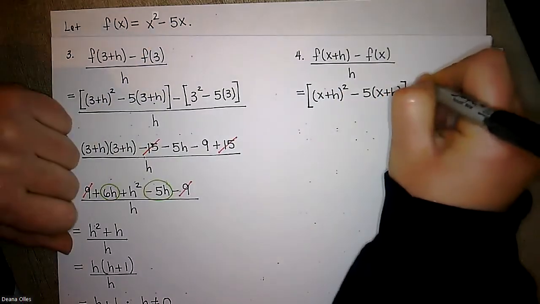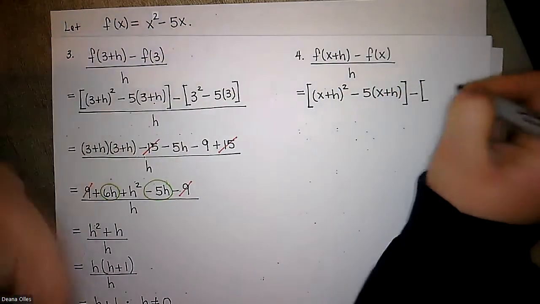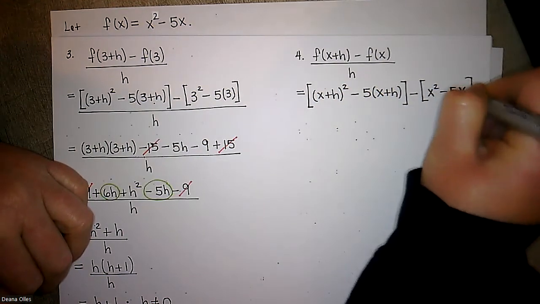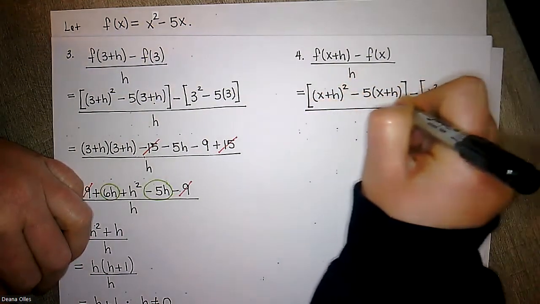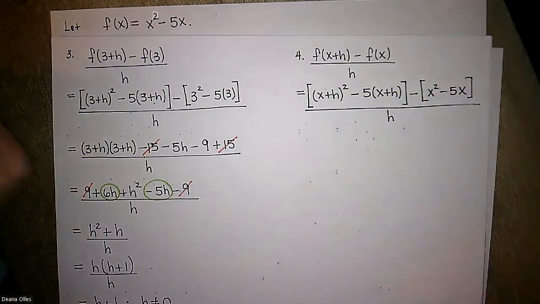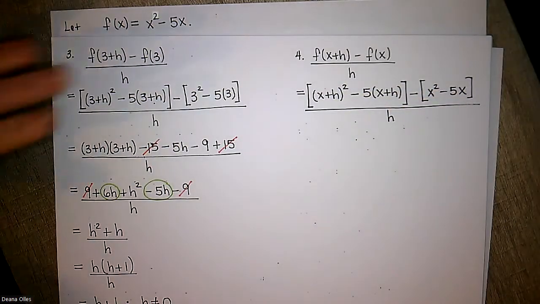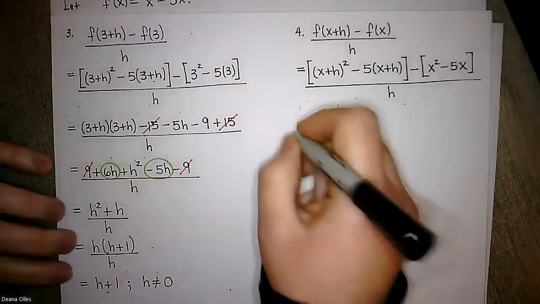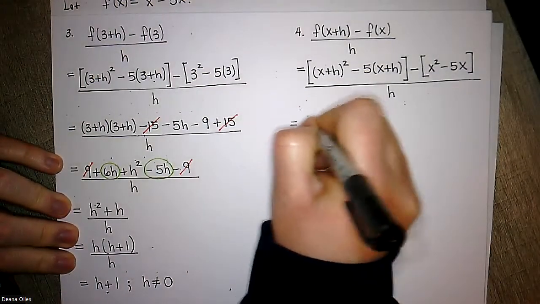All right, now all of that minus f of x. I'm just going to rewrite f of x, x squared minus 5x. It's already been defined for me. All divided by h. So this isn't going to clean up quite as quickly. Okay. And that's okay. But you know, it's great algebra practice.